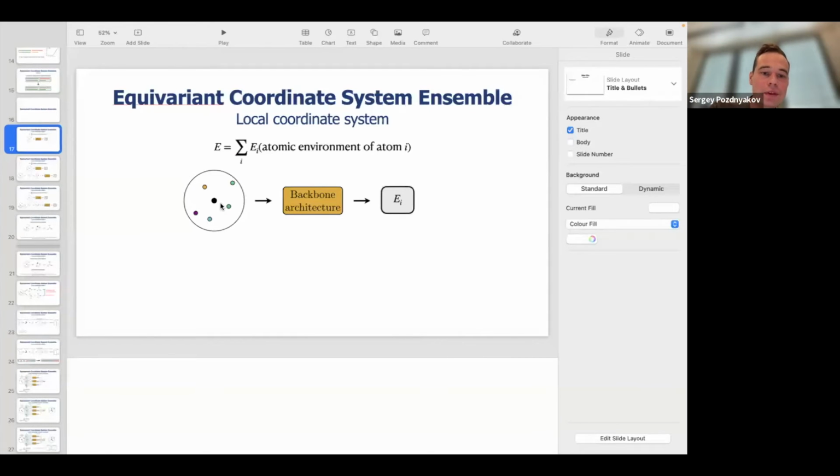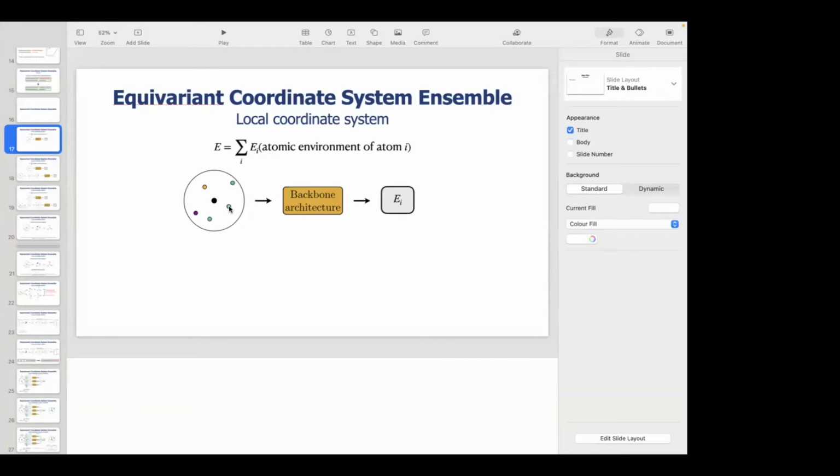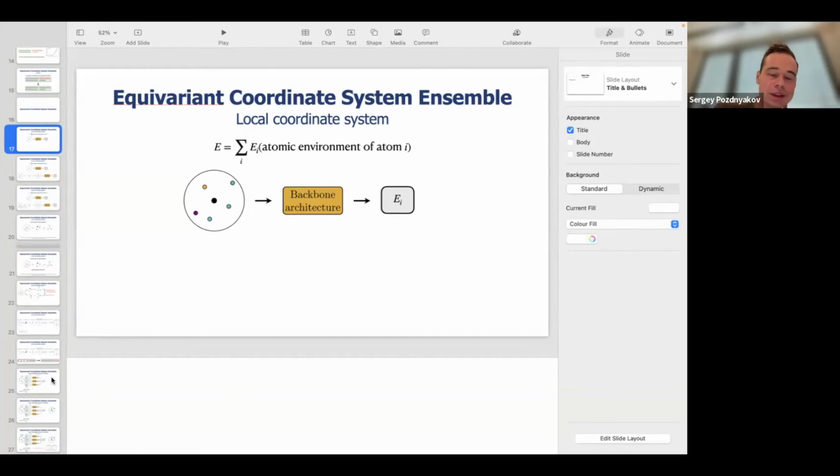When we compute the symmetrized predictions for this atom, we use a bunch of local coordinate systems only in order to compute the prediction associated with this atom. Next, when we have to compute the atomic energy associated with another atom as the central one, the calculation will be absolutely independent, and it will rely on its own local coordinate systems. I see. Thank you for the question.